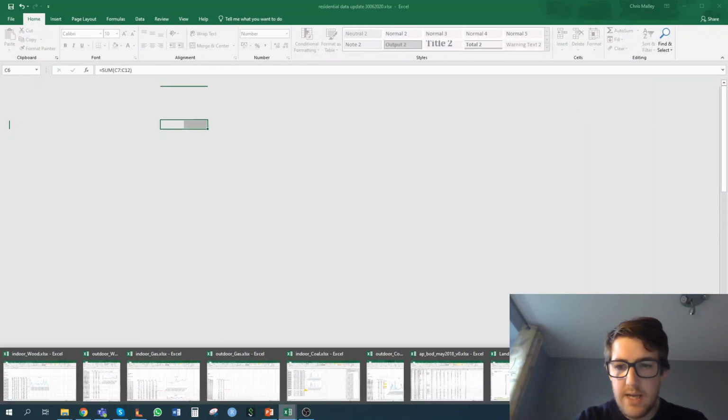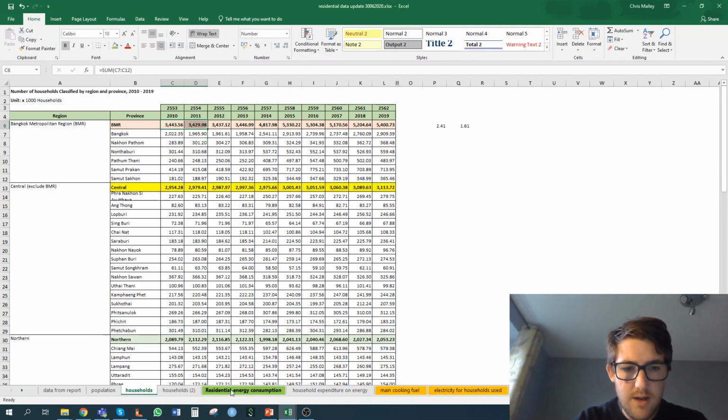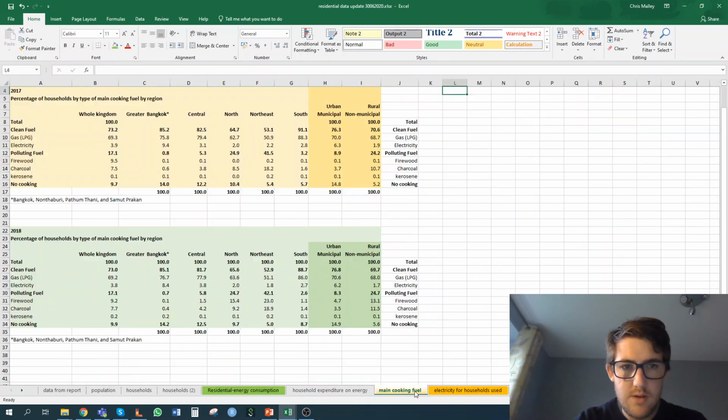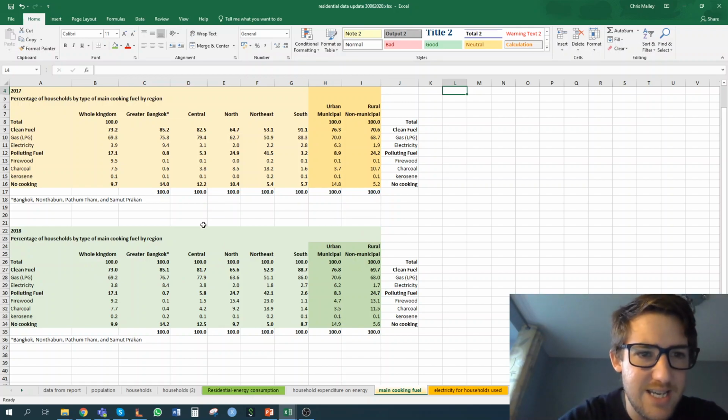So we have lots of data here about residential energy consumption. This data that you've been able to collect for 2017 and 2018 is, I think, the most useful information in the data set that you have.